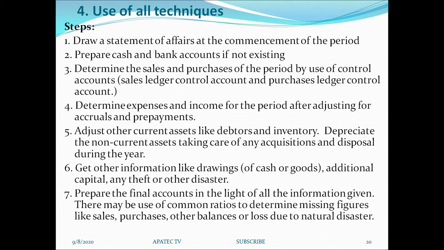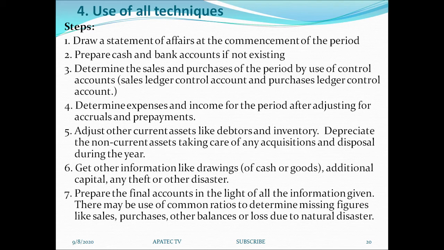For number 5, you have to adjust other current assets like debtors and inventory, and also depreciate non-current assets, and if there is disposal, you have to account for it. Number 6, you have to get other information like drawings of cash, of goods, additional capital, any theft or other disaster.